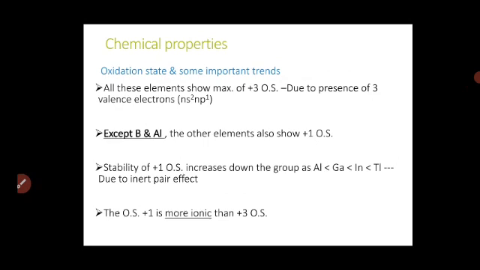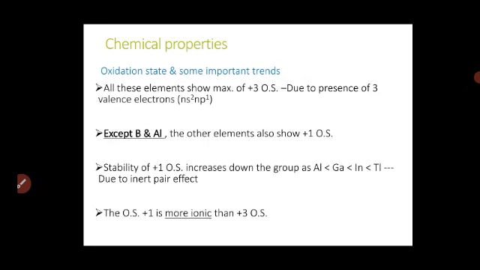This we have already learnt in last class, that p block elements have different or changing properties. It is because of how the inner core electrons behave, right? And here is one of the reasons. Due to inert pair effect, the stability of +1 oxidation state increases down the group.